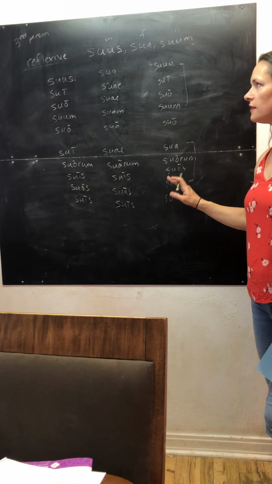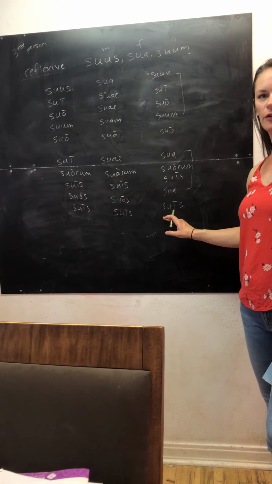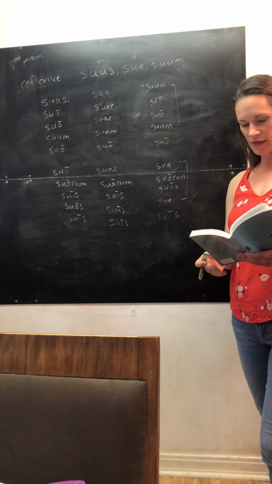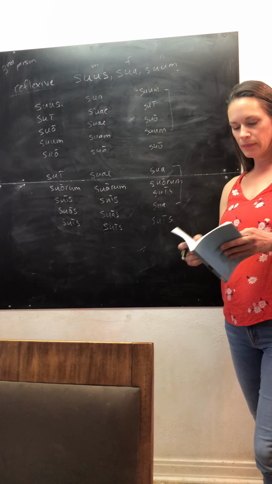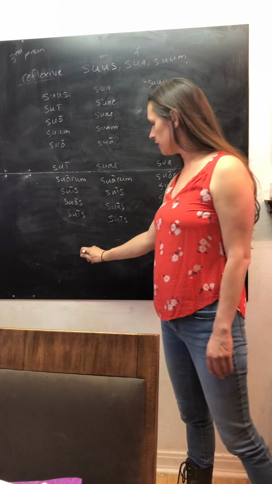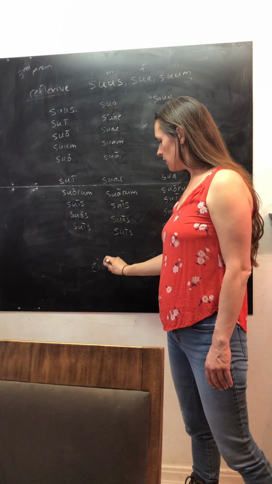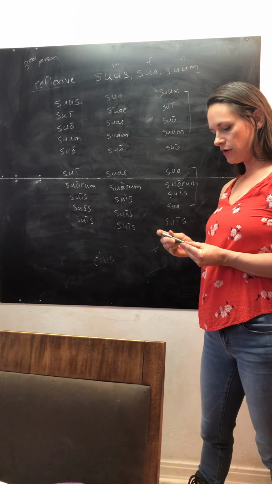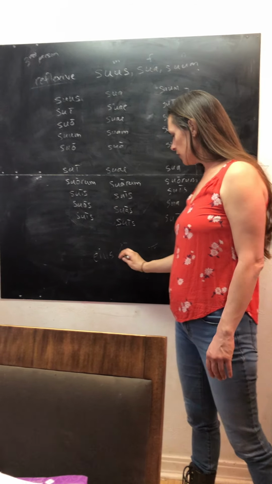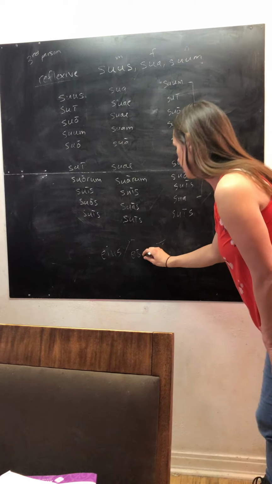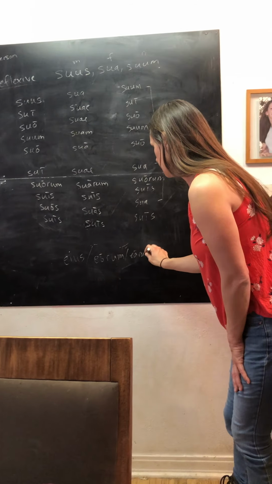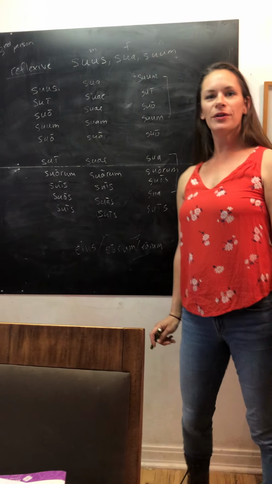So this is the reflexive pronoun that we're going to use when we're referring to something that belongs to the subject of the sentence. If it's non-reflexive and it's something that does not belong to the subject, we'll use eius in the masculine, feminine, and neuter, of him, of her, of it, and then the plural is eorum, or earum for the feminine. Okay? So those are your Latin pronouns.